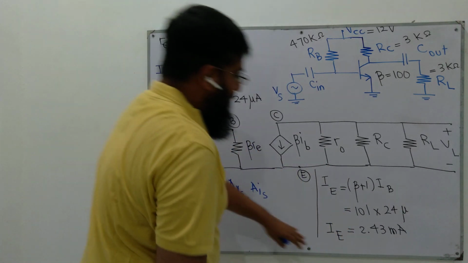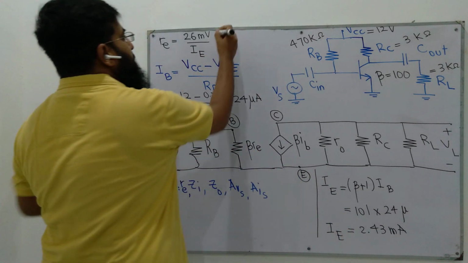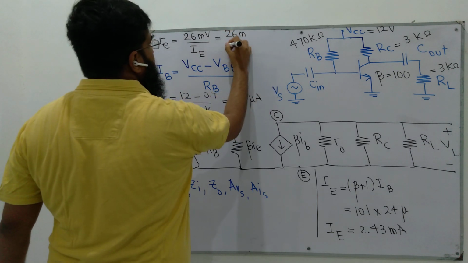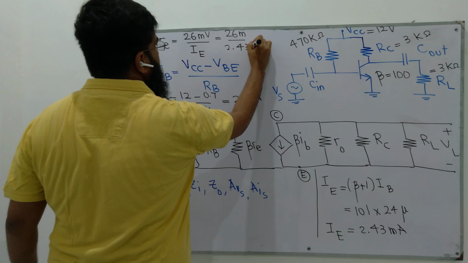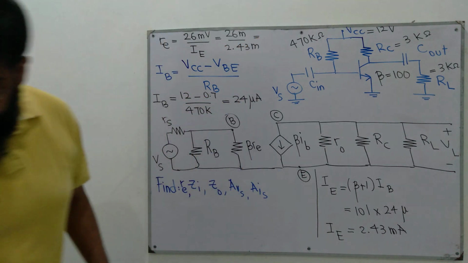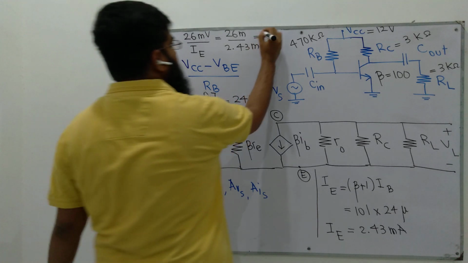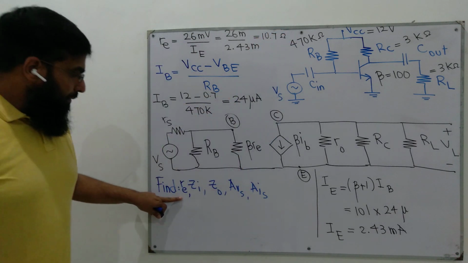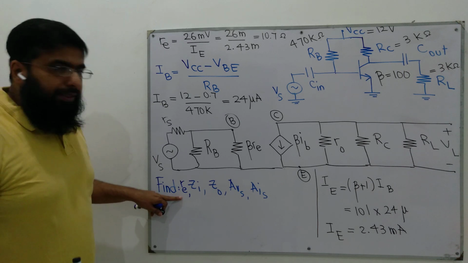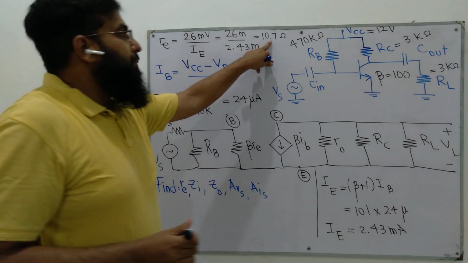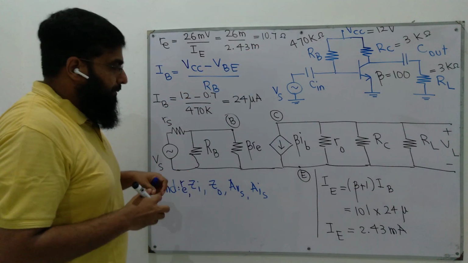When we plug this value of IE here, we find out small re. The small re comes out to be 10.7 ohms. So we have calculated the first desired quantity re, and we know that re is a small resistor. It comes out to be 10.7 ohms.